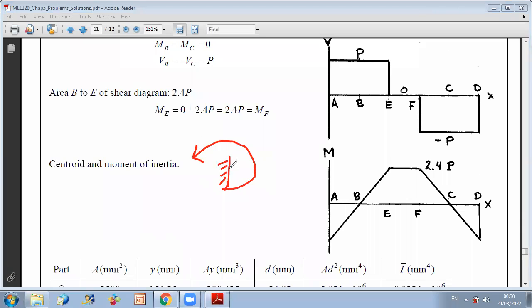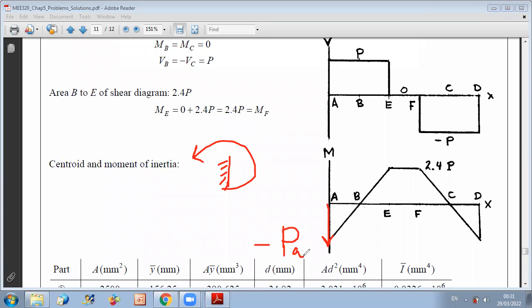We know that when we move from left to right, from A to D, and we want to draw M as a function of X, a counterclockwise moment will cause a downward jump. This is why you start at A by a negative value of bending moment, which is minus P times A.